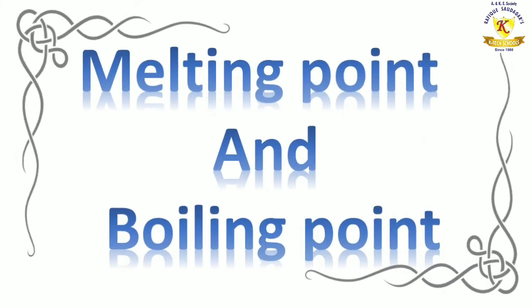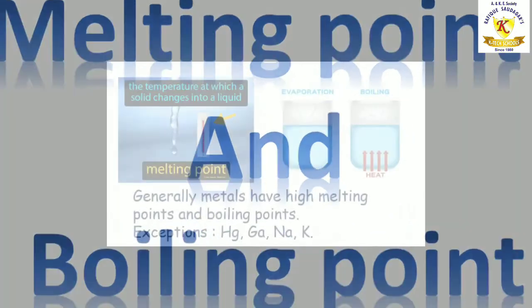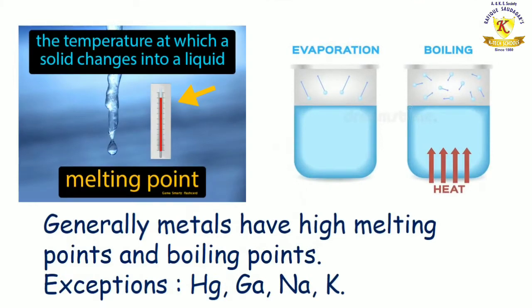Melting point and boiling point. Now what is it? The temperature at which a solid changes into a liquid is called the melting point, whereas the temperature at which a liquid changes into vapor is called the boiling point.